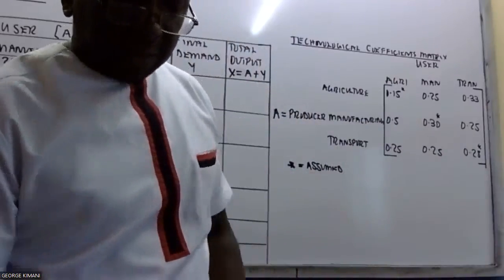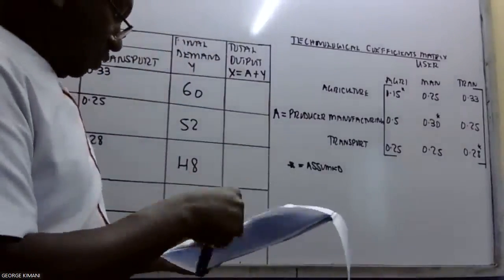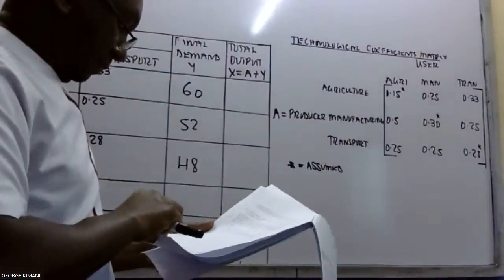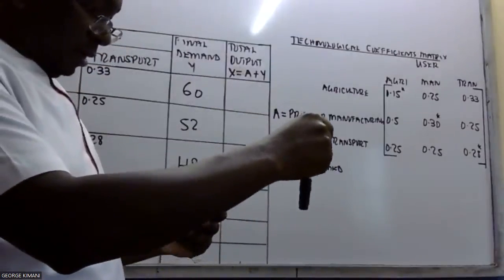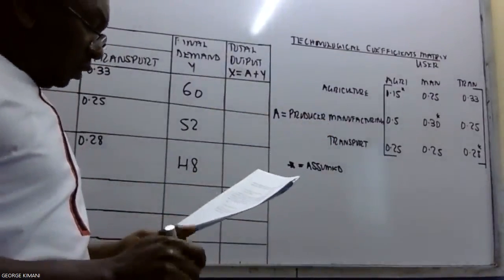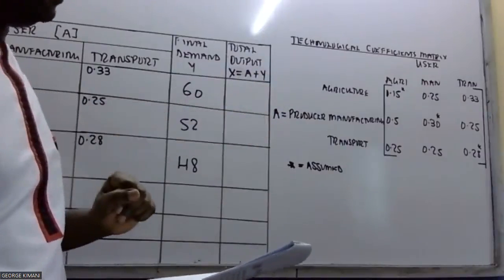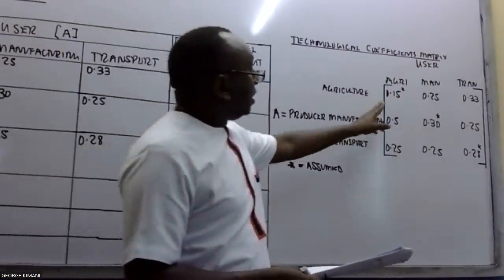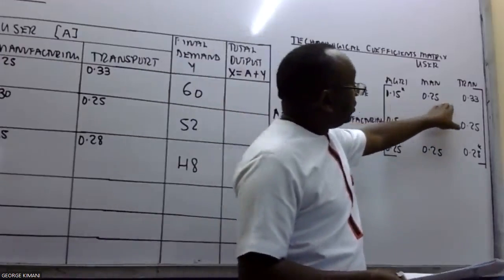Okay. Good. So if we are okay with that, let us go back to the question and see what they were asking. So we already have now developed the technological coefficients matrix. And we have said the columns we have filled because these are inputs. And these are outputs.